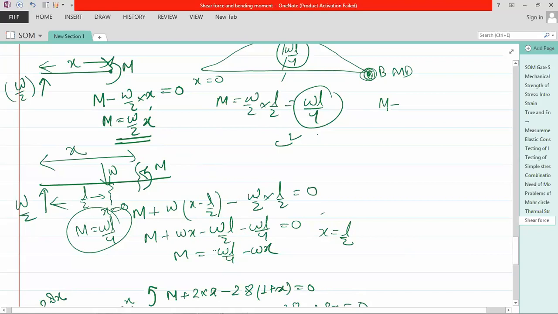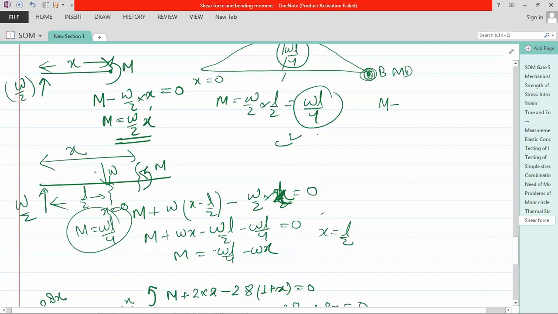WX minus W by 2 into, sorry, X minus L by 2, and it will be X. I think it will be X right now, because I am taking X as a whole.